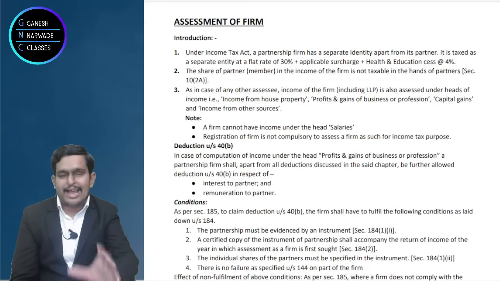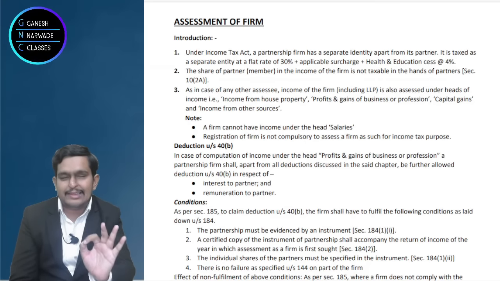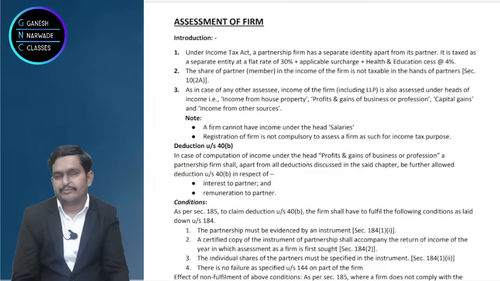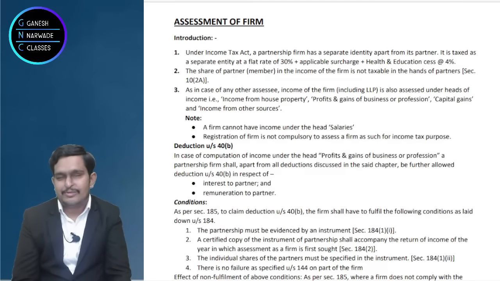On 3 lakhs, 4% health and education cess is there. So 4% of 3 lakhs is 12,000, so 3 lakhs 12,000 will come. If it is 1 crore, then 30 lakhs, then 1 lakh 20 will be there, 30 lakhs plus 1 lakh 20, right?